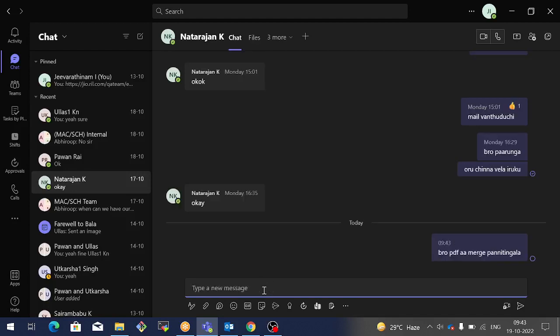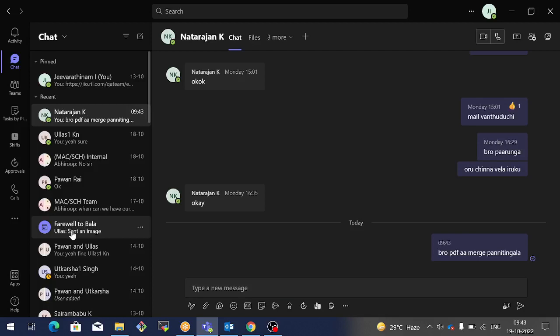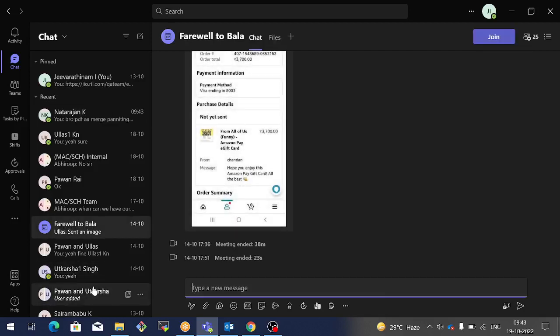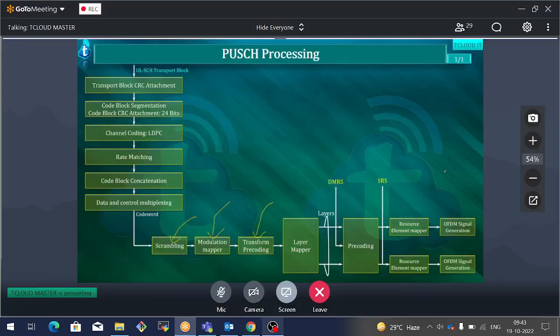We have the layer mapping and the precoding. All that goes out. Resource element mapping, and then finally the OFDM signal generation. But the kind of OFDM signal that we generate for uplink is called DFT-s-OFDM.